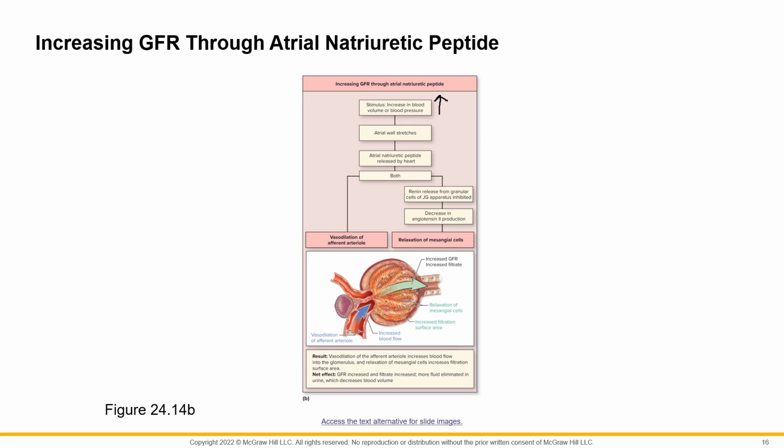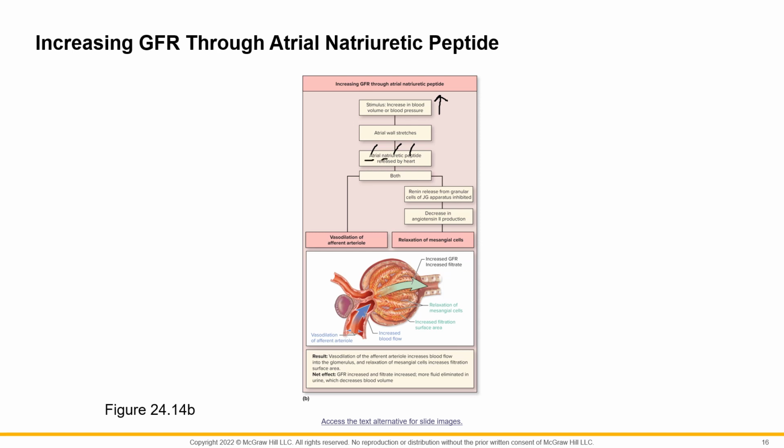The atrial wall stretches, right? So there's more blood volume, so all blood has to go through the pump, the heart. So when there's more blood volume, the walls of the atrium, which is the top two chambers of your heart, stretch.